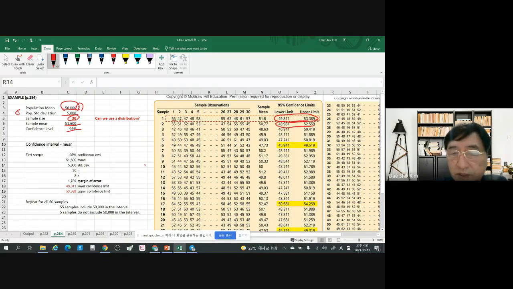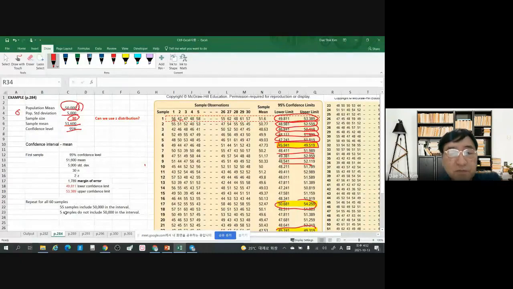Second sample, okay. Third sample of size 30, okay. But here, no. 50,000 is not within the range. All the yellow parts, 5 samples with yellow background, do not have 50,000 in that interval.